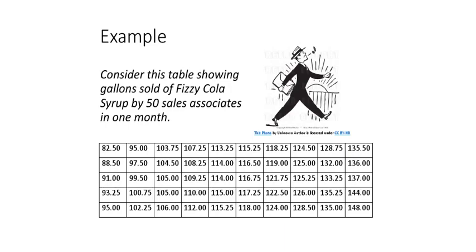It gets even more interesting when we just have a mass of numbers. We have this table that consists of gallons of fizzy cola syrup sold by 50 associates in 1 month. Just looking at the table, it's kind of confusing. Rather than just dealing with the table, what we do is we organize it.